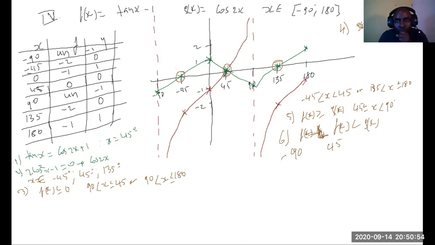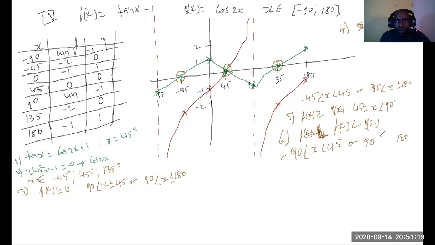So now we want x to be greater than 90 and also to be less than 45, or I've got 90 and 180.